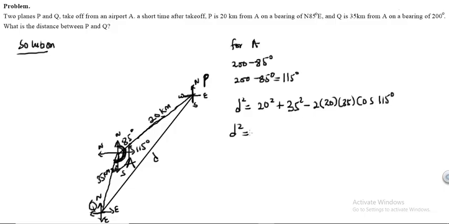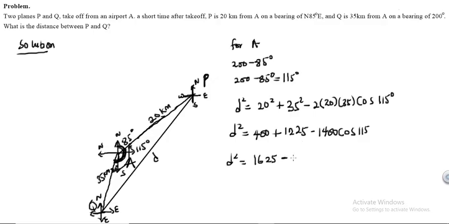d squared is equal to 20 squared, which is 400, plus 35 squared, which is 1225, minus 2 times 20 times 35, which is 1400, times cosine 115. So d squared is 400 plus 1225, which is 1625, minus 1400 times cosine 115.